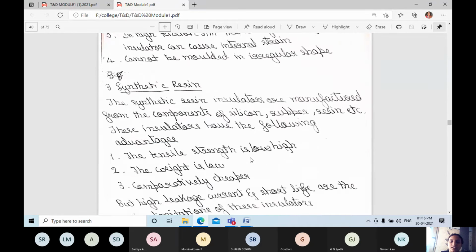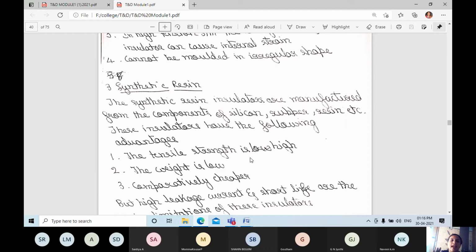And next is synthetic resin. Here, synthetic resin insulators are manufactured from the components of silicon, rubber, and resin. Three elements: silicon, rubber, and resin.